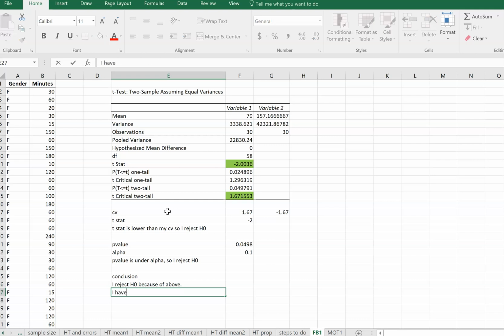It means I have evidence that there is a difference in gender when it comes to how much time is spent on Facebook, when it comes to Facebook usage. And I should say at a 10% level of significance.